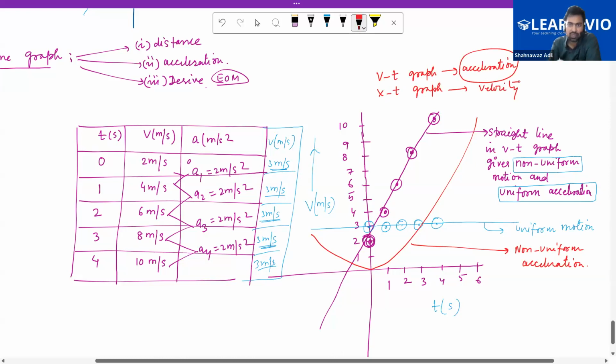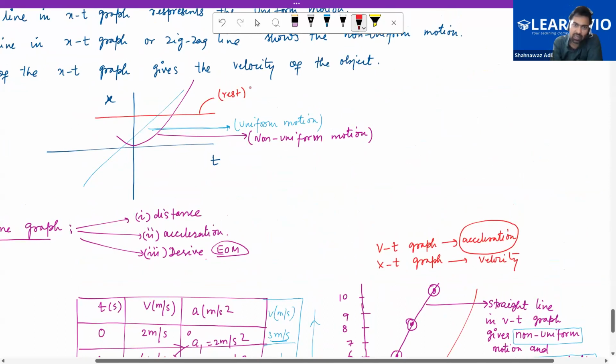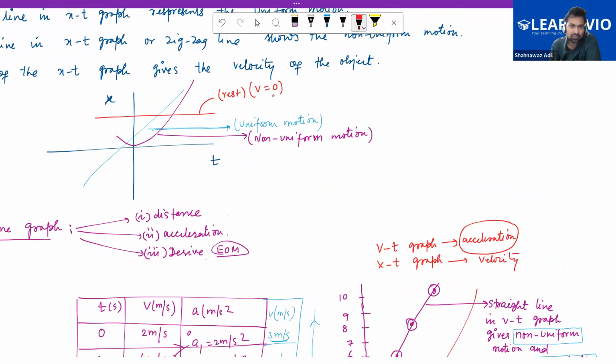So let me write this. The parallel line was V equal to 0. Clear? Yes. Straight line was V equal to constant. Uniform motion, V is constant. This curved line represented V varying. Similar thing is happening here.